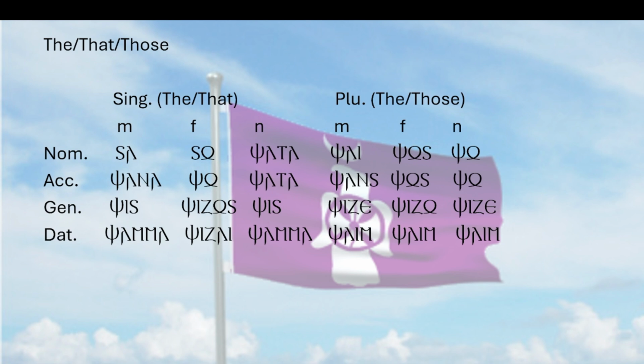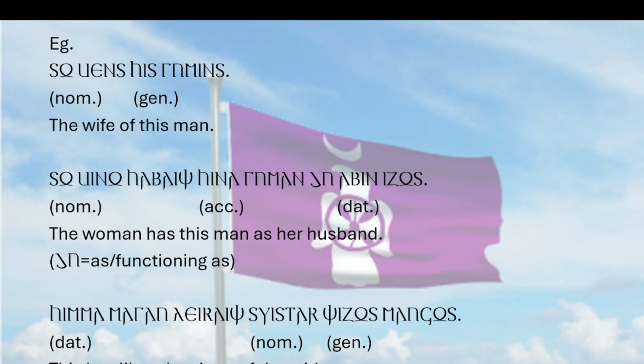So we would use one of these declensions of his, meaning this, or sa, meaning the or that. Here are some examples on how the definite articles can be used.